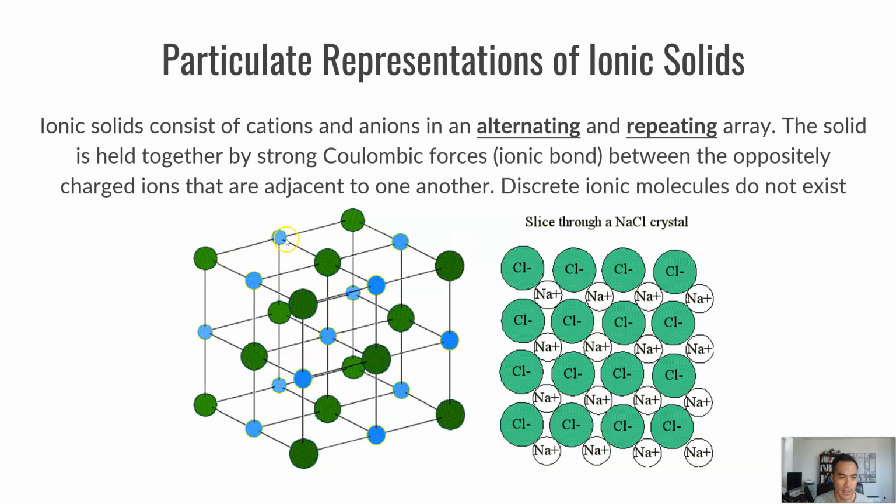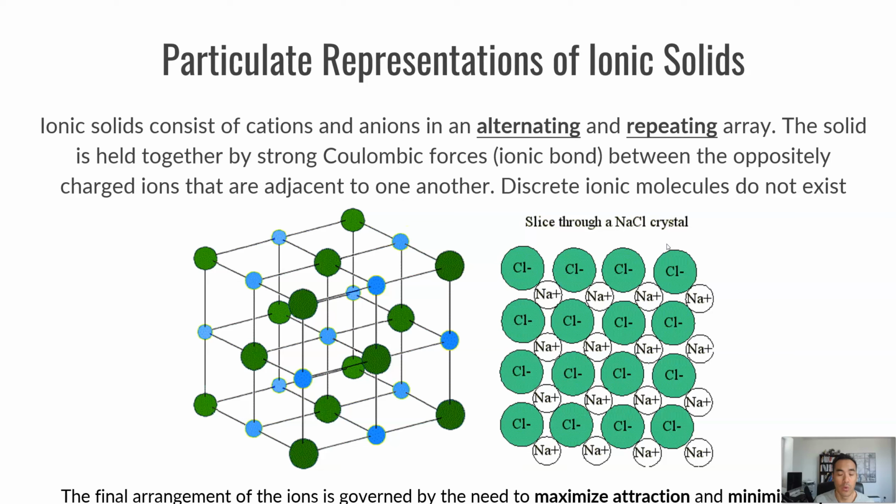What happens here is they are attracted very strongly through these forces, specifically positive and negative. Think of it kind of like a magnet. We call these Coulombic forces, and they are arranged in an alternating and repeating pattern, usually called a crystal structure, or in this example, an array.